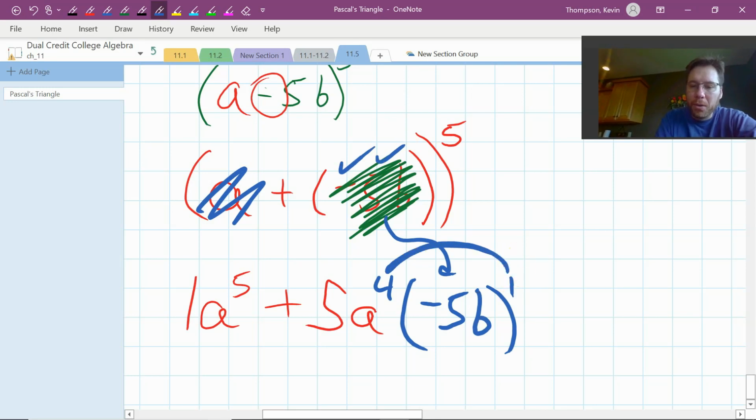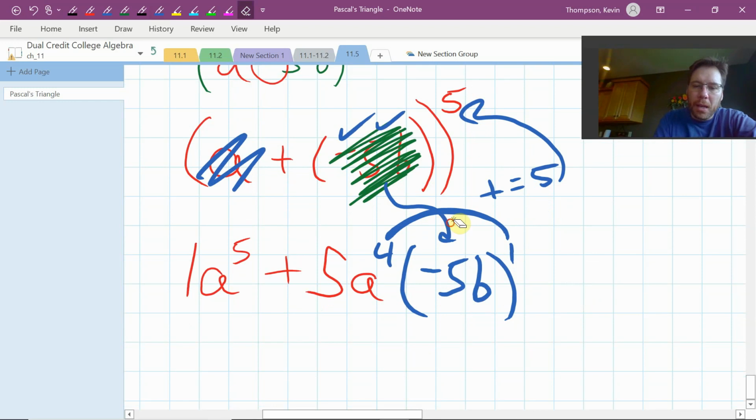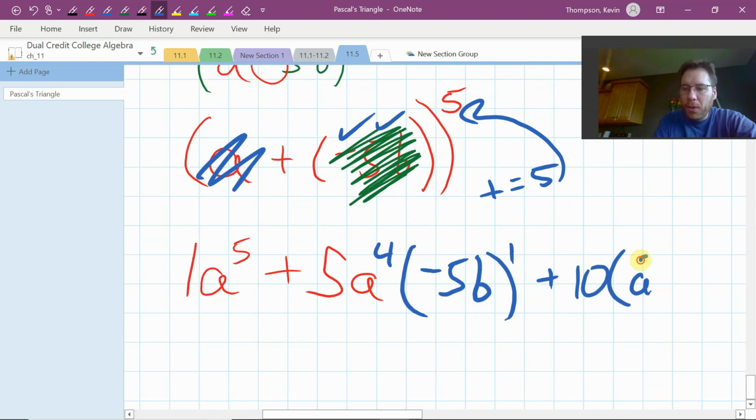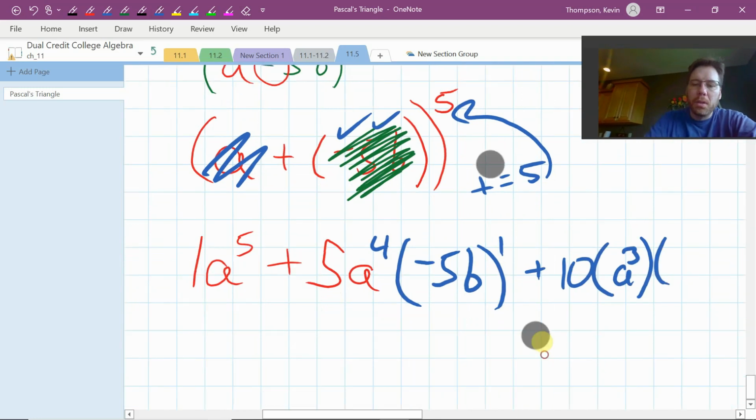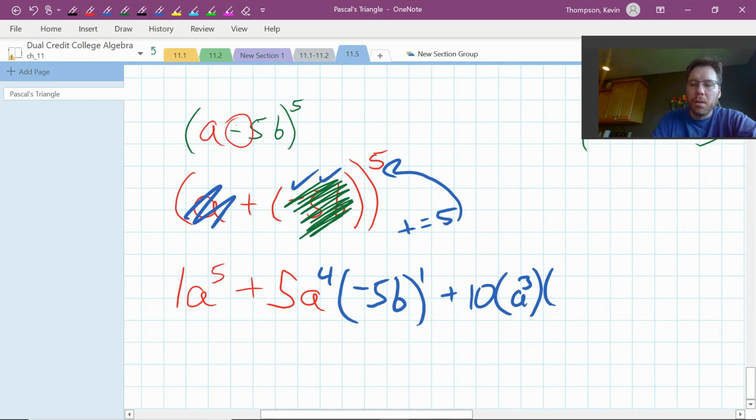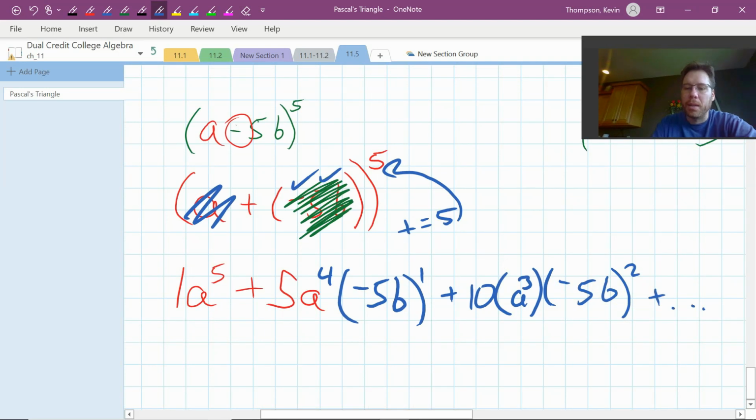Again, these powers here have to add to equal the power that you're starting with. So 4 plus 1 is 5. And then this would continue. So 1, 5, 10, a cubed times the quantity negative 5b, that whole thing squared, plus dot, dot, dot.